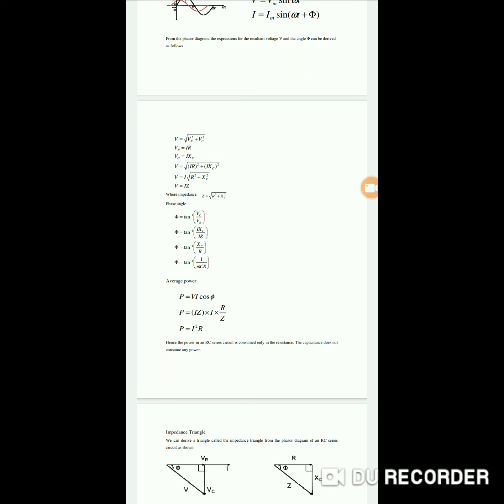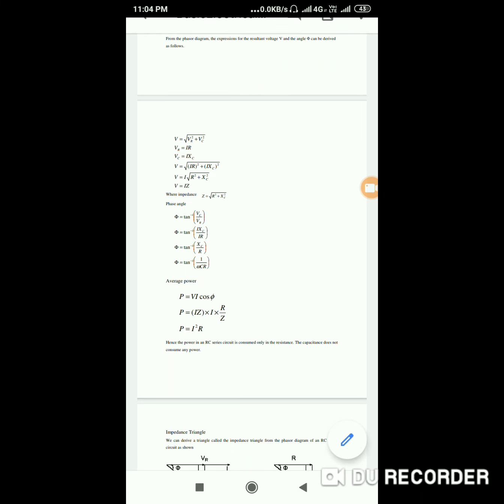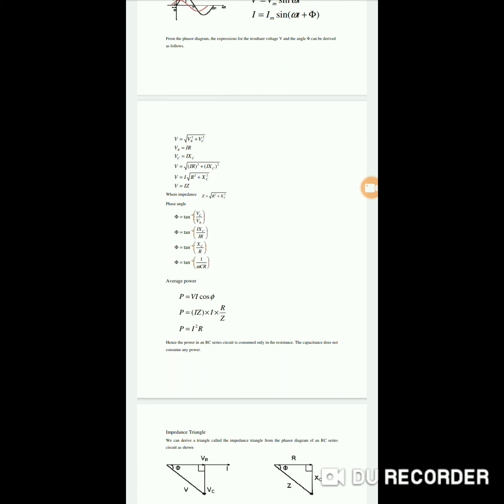The similar phasor diagram applies to the impedance triangle. XC goes down from the voltage by 90 degrees, and the resistance R remains constant, that is in phase.